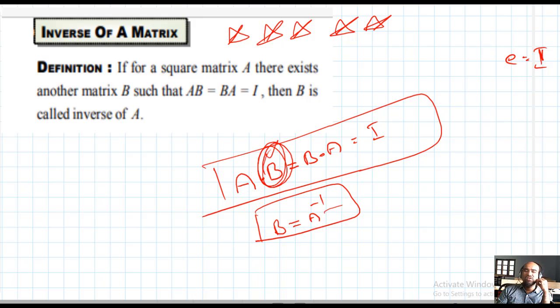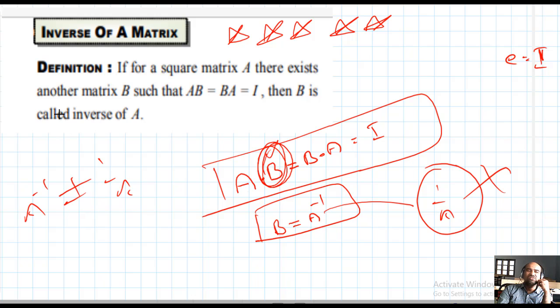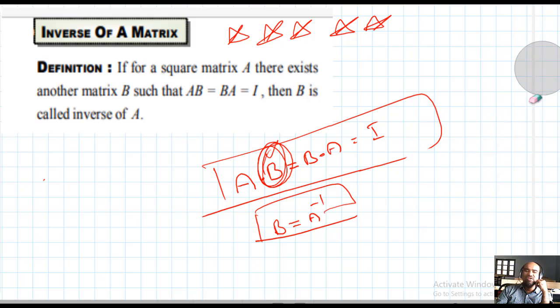Don't think that this is 1 by A. That is the wrong notation, student. A power minus 1 is read as inverse of A.